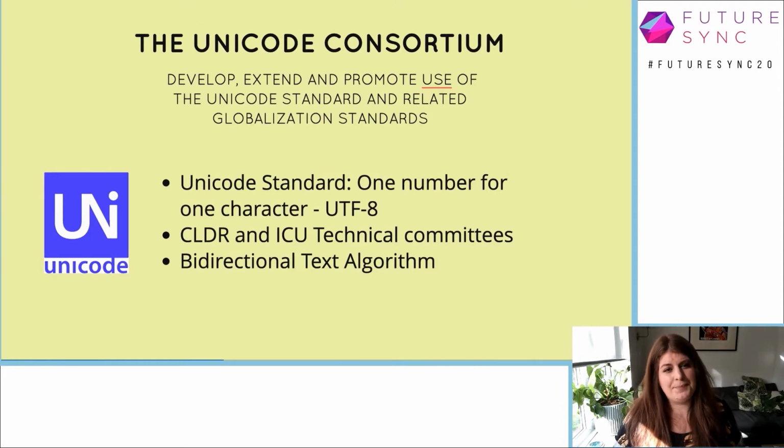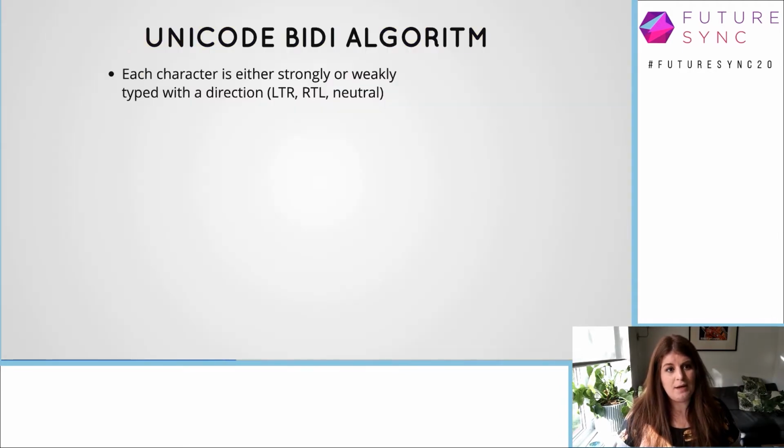The Unicode Consortium actually develops, extends, and promotes the use of the Unicode standard, but they're also in charge of a couple other technical committees that relate to internationalization. One is the CLDR, and one is the ICU, both of which we'll talk about in a second. And they're also in charge of the bidirectional text algorithm, which I'll talk about now.